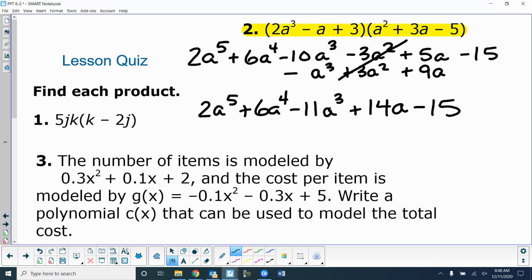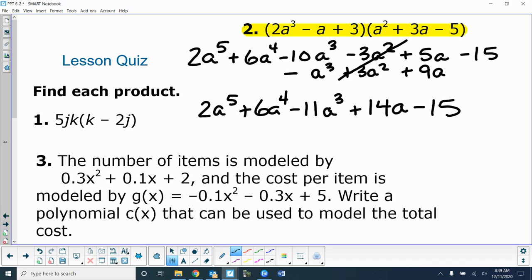Skipping 39. So, Grace, what'd you get for 18? 14x to the 4th plus 21x to the 3rd. Very good. Olivia Wyndham.